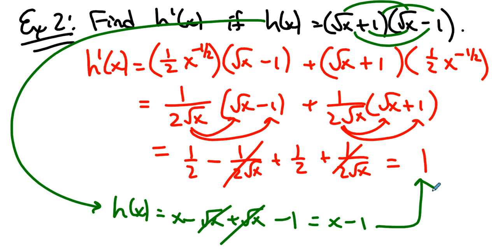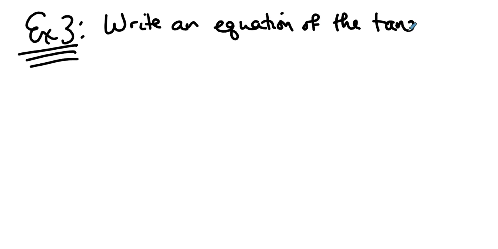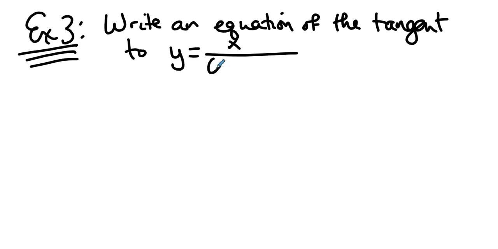Definitely 1. If I can do one more that brings everything together nicely, write an equation of the tangent line to y equals x over x plus 1 times x squared plus 1 at the point 1, 1/4.